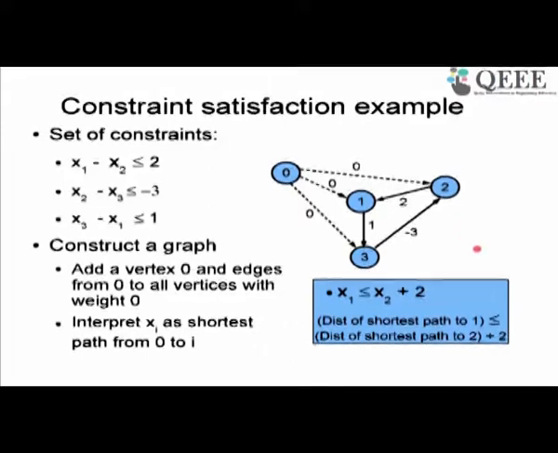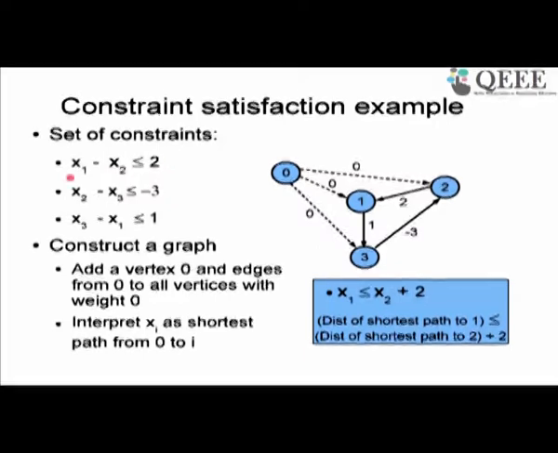Now see the meaning of this. Suppose I read x1 as the length of the shortest path to node 1, and x2 as the length of the shortest path to node 2, from 0 of course, since we are starting from 0. Then what does x1 less than or equal to x2 plus 2 say?